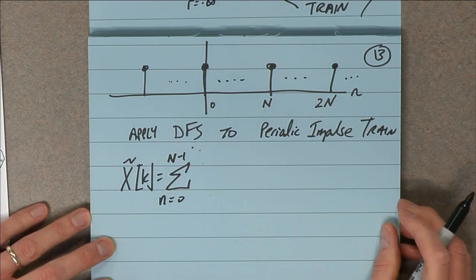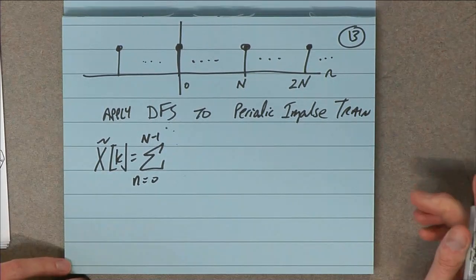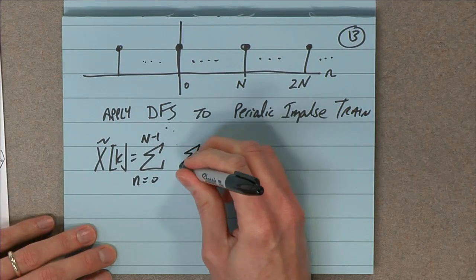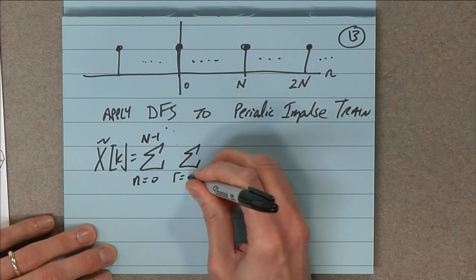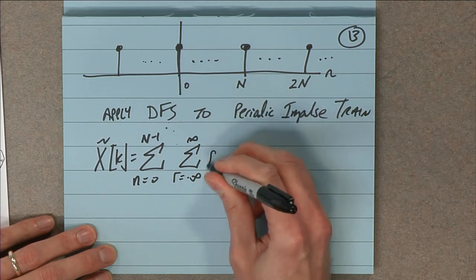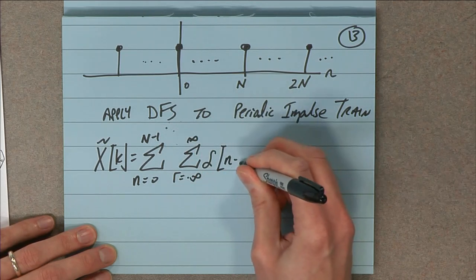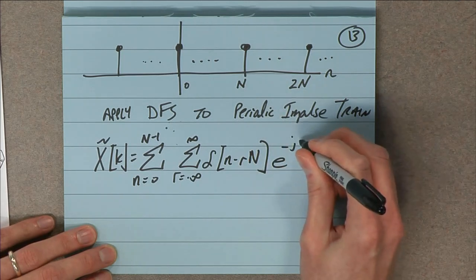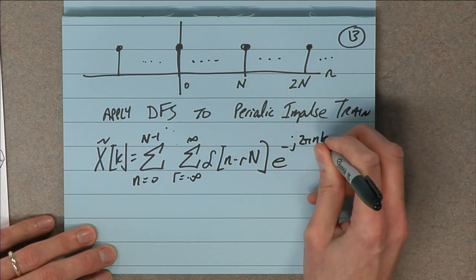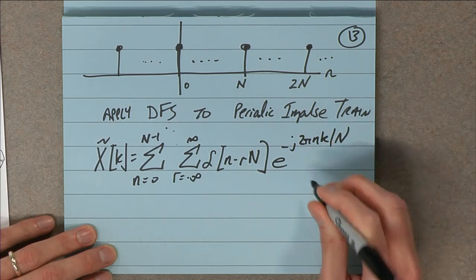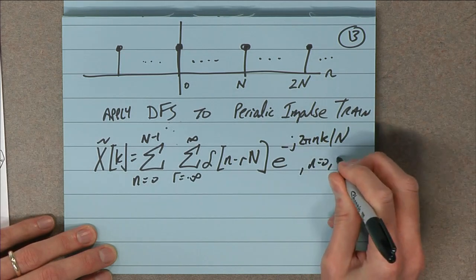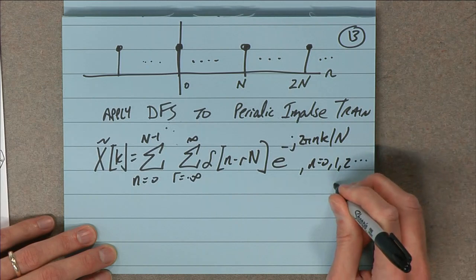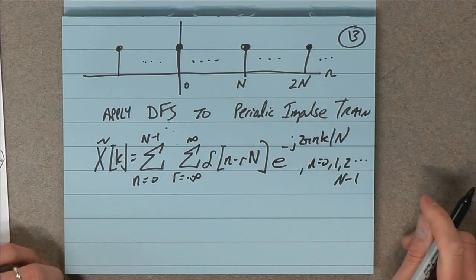The sum from n equals 0 to n minus 1 that we always have for the analysis equation. Then we have our second summation due to the impulse train itself. Then we have the kernel here. And n equals 0, 1, 2, dot, dot, dot, n minus 1.